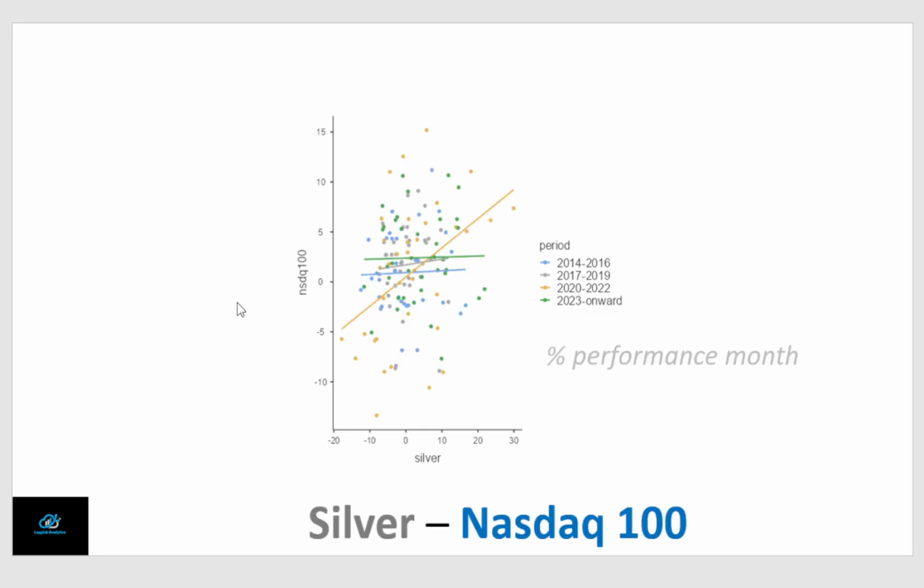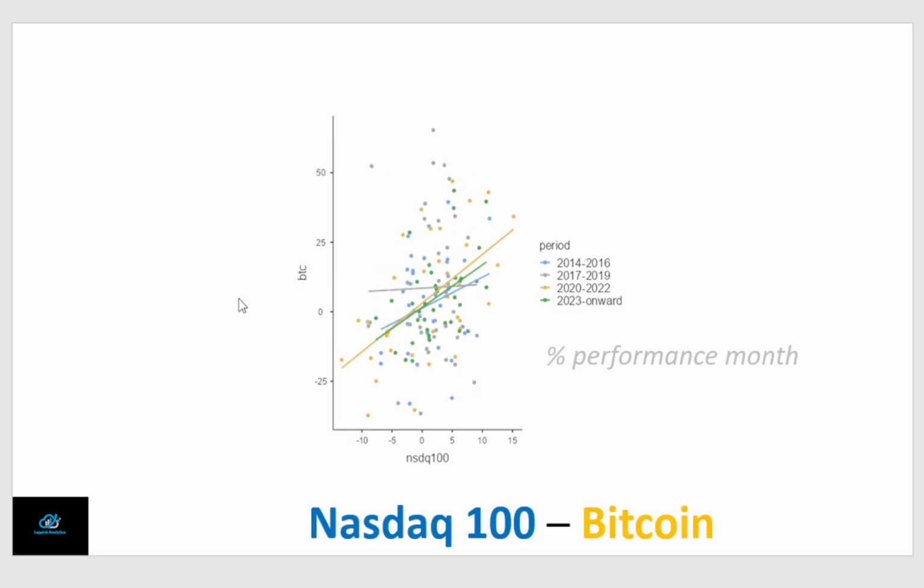And when we look at silver versus the Nasdaq, well, actually also similar. We see a positive correlation in the COVID period, but for the rest flat. And finally, Nasdaq versus Bitcoin, we see generally a positive relation between these two.